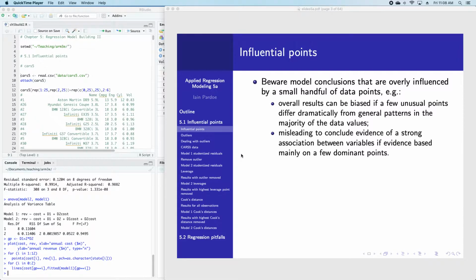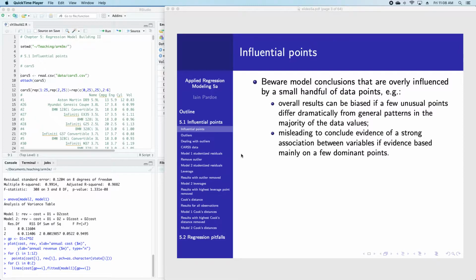So what are influential points in the context of multiple linear regression modeling? What I'm talking about here is that we need to be careful about making conclusions from our model results if those are being overly influenced by just one or two or a small handful of data points.